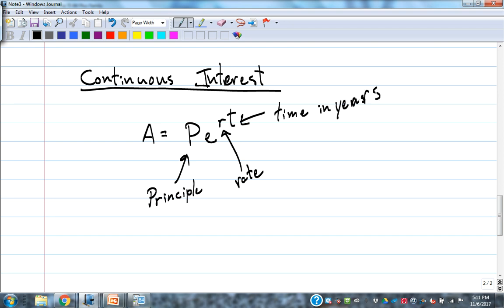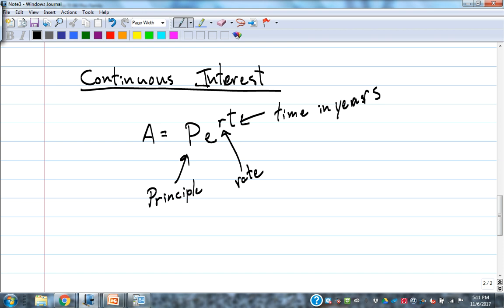Nothing fancy about this. The interest is continually being pumped back into the account. Not quarterly, where every quarter they put the interest in and then your new balance starts. Continuous, it's over and over and over. I don't know if it's per second as far as the computer calculation, but it's continuous always.